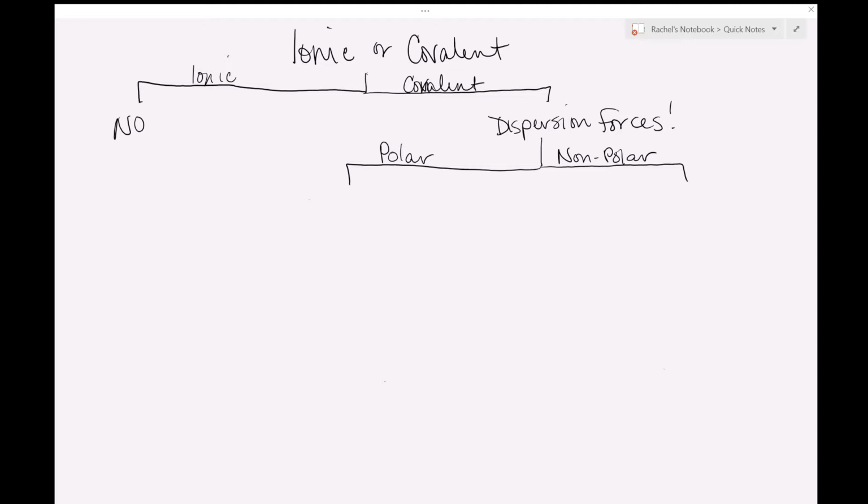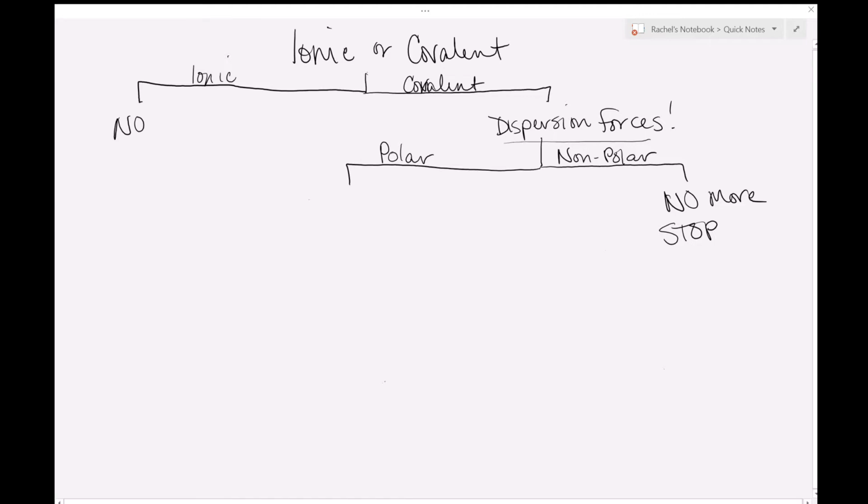So if our thing is nonpolar, then we have to stop because we can't go any further. We don't have a dipole. So if it's nonpolar, we're just going to say no, there's no more forces. We're just going to stop. Because they do have dispersion forces here, because all covalent molecules have those dispersion forces, right? Okay, so every covalent molecule has dispersion forces.